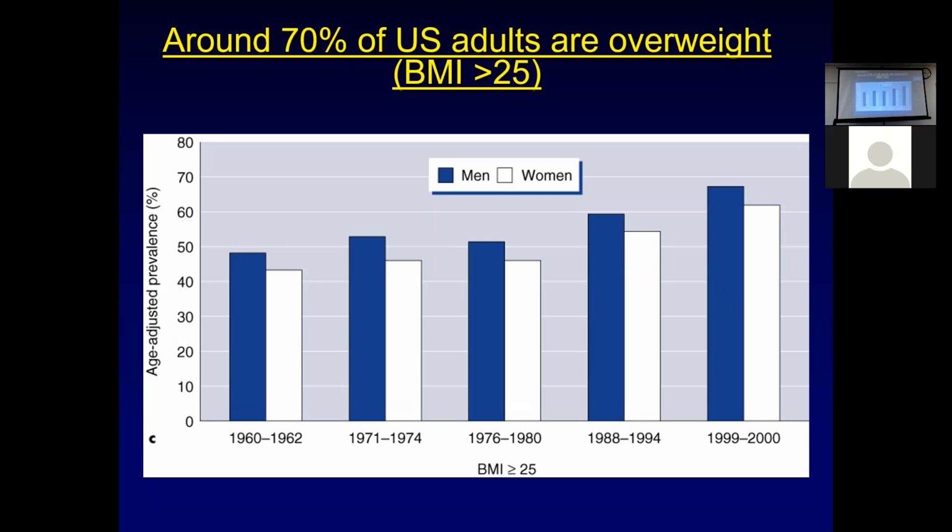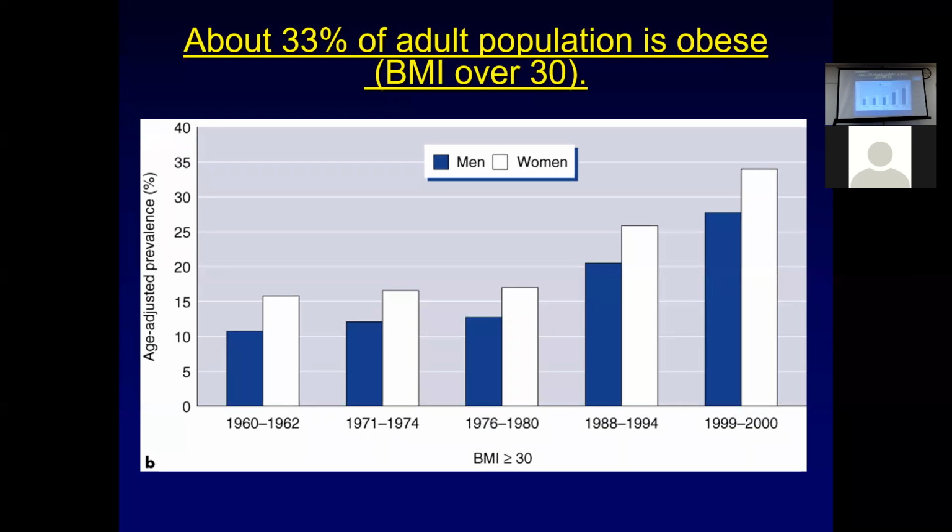And I want you to note that it has steadily increased over time. About 33%. It's now up to almost 40% of adults in the U.S. are over a BMI of 30, are considered obese.